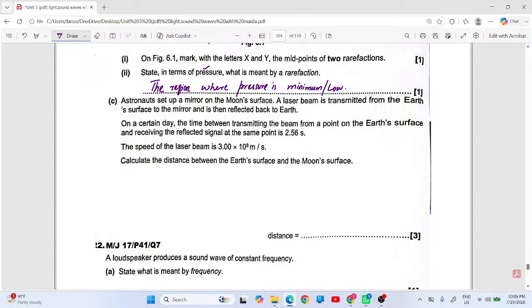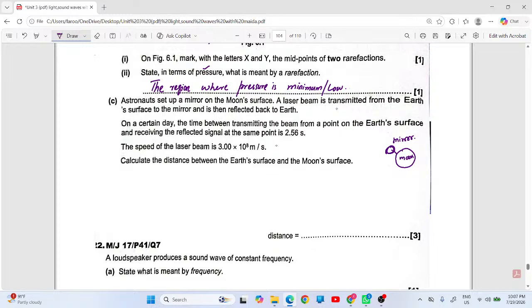Astronauts set up a mirror on the surface of the moon. एस्ट्रोनॉट ने क्या किया है? उन्होंने एक मिरर लगा दी। Astronauts set up a mirror on the moon's surface.